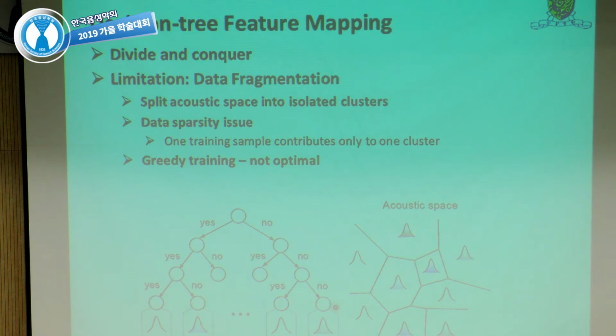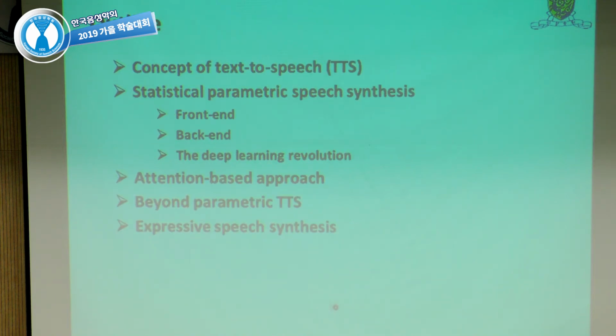We will talk about this later. So here we just need to know that the limitation is data fragmentation. Okay, so here we talked about the HMM based model for the linguistic to acoustic mapping.